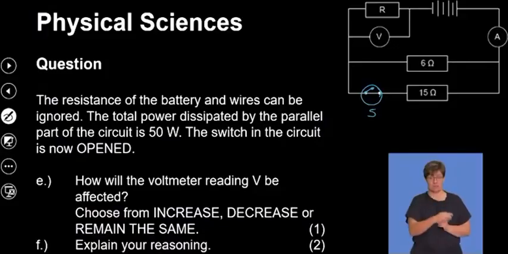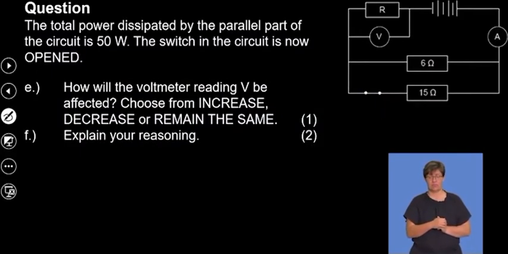In this case, if we open switch S, we won't have a parallel combination of resistors. It means, number one, let's appreciate that the total resistance in the circuit increases.